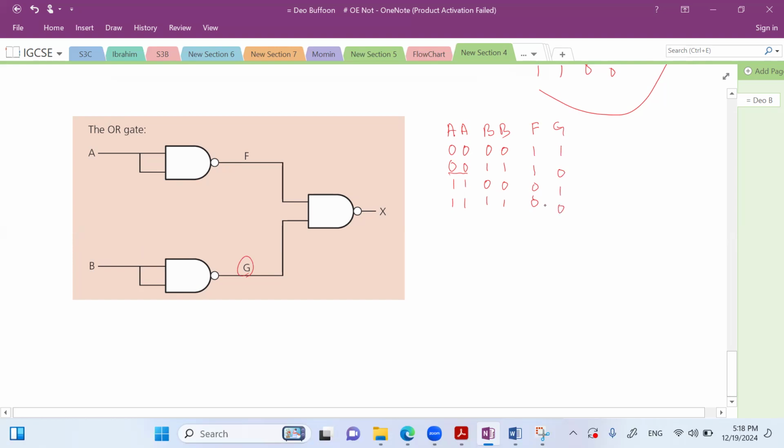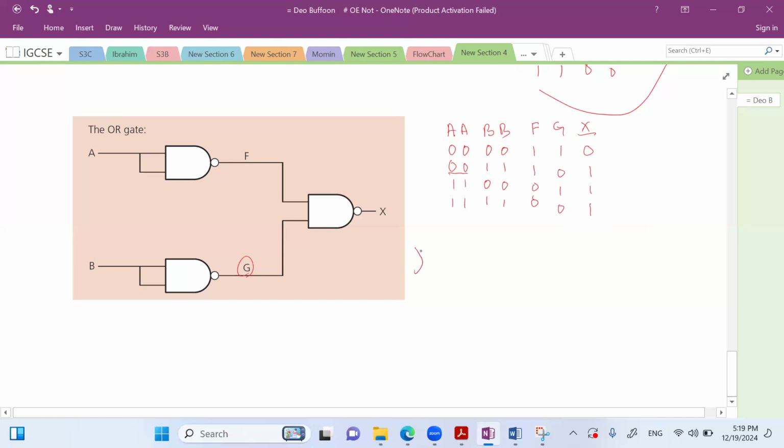Great. Now, as you can see, F and G are going inside an NAND, so this is our final output. What will be the result? This would be 0, 1, 1 and 0, 1 and 1, 1 and 1.